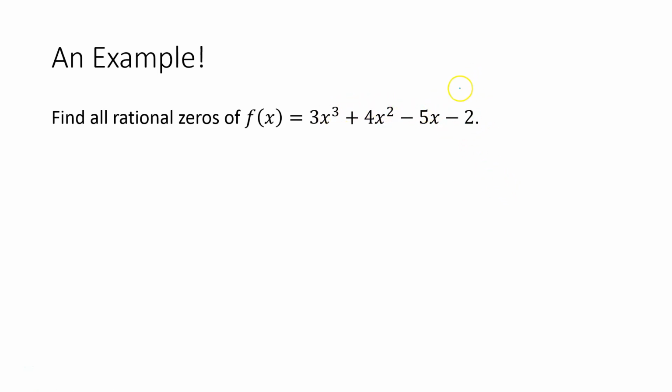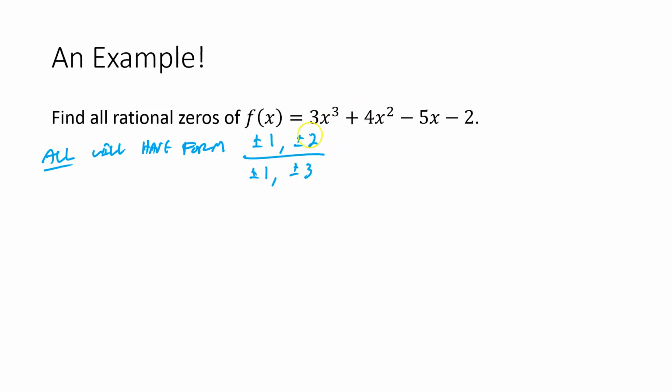So what we do is we say, well, any rational zero is going to have the form of all the factors of the last term divided by the factors of the first term. So all will have the form plus or minus, so let's list factors of 2. It could be plus or minus 1 or plus or minus 2, right? Those are the things that multiply to make a 2, divided by plus or minus 1 or plus or minus 3.